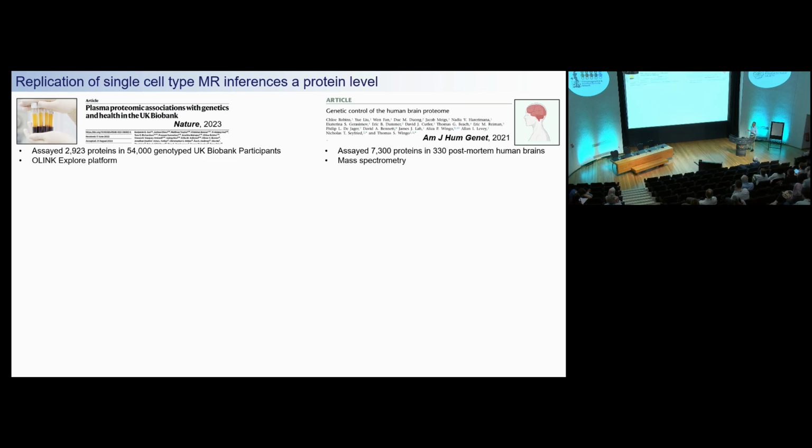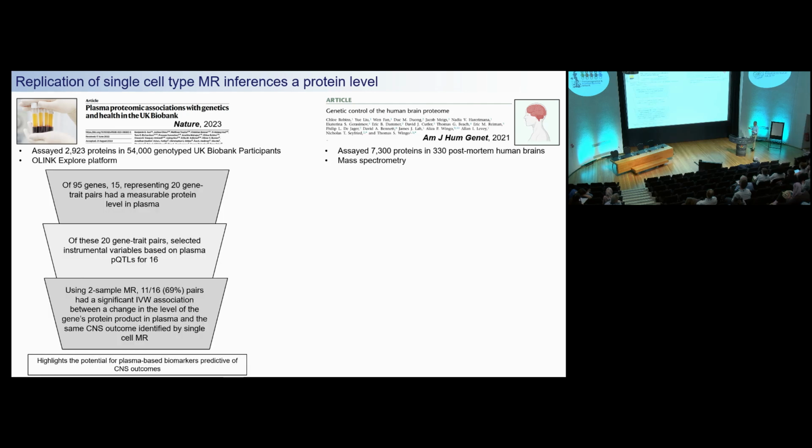And so for this, we used two publicly available data sets, the UK Biobank Pharmacogenetics project data set, which assayed nearly 3,000 proteins in 54,000 genotyped UK Biobank participants using the Olink Explore platform. And for brain proteins, we used this data set from Thomas Wingo, where they assayed 7,300 proteins in 330 post-mortem brains, and those were assayed using mass spectrometry.